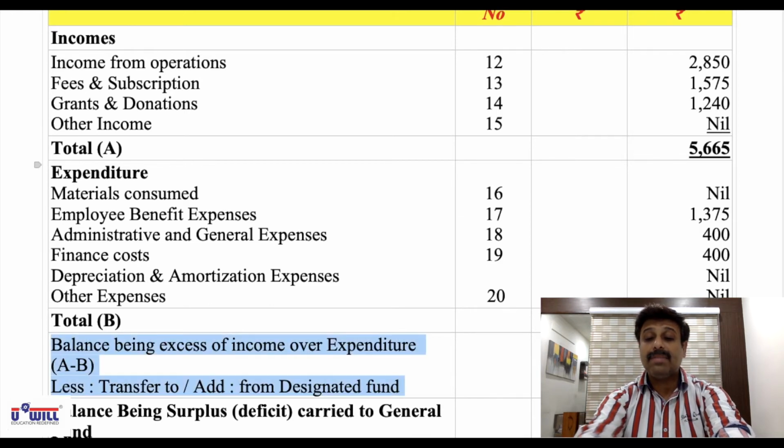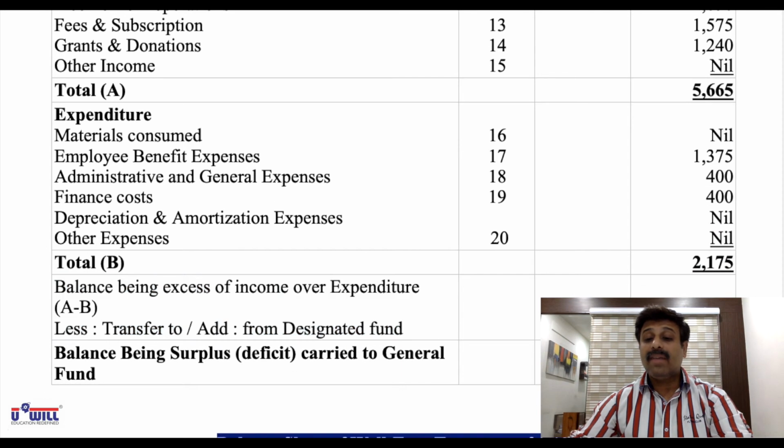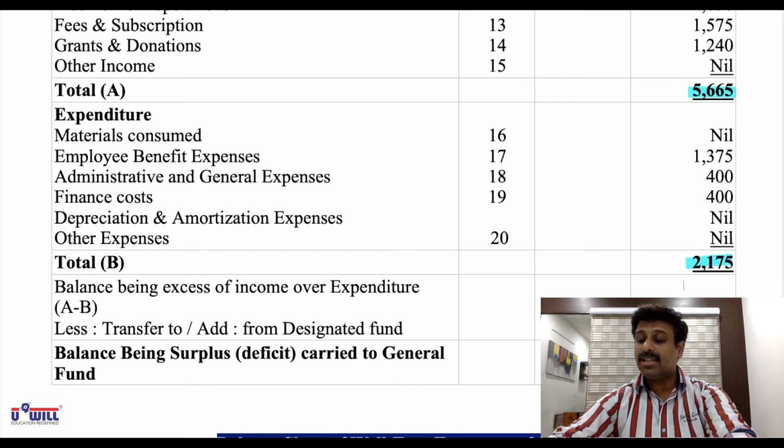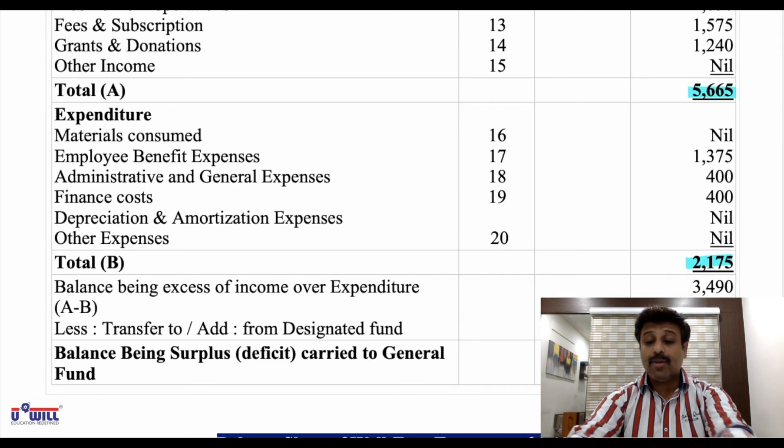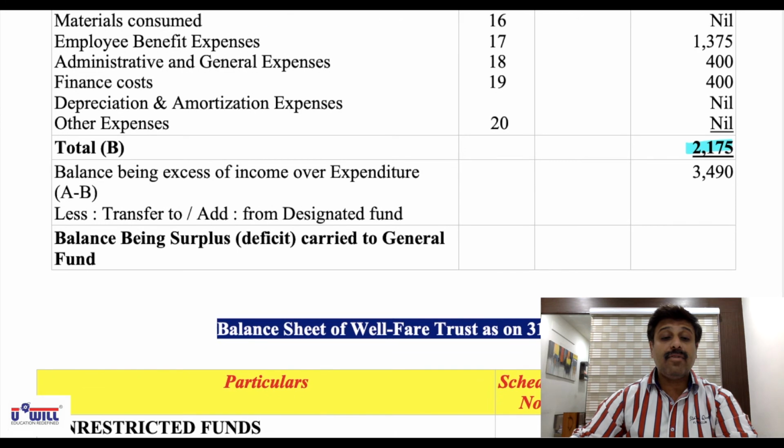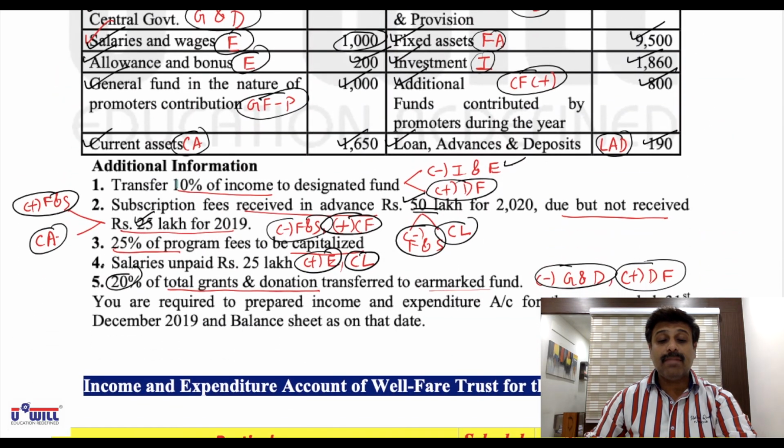Now A minus B, that is 5665 minus 2175. So that comes to 3490. Now from that we have to transfer. Here we have transferred to designated fund. In this question what we have is transfer to, so that we will minus. Look at the first adjustment, 10% of income we have to transfer to designated fund.